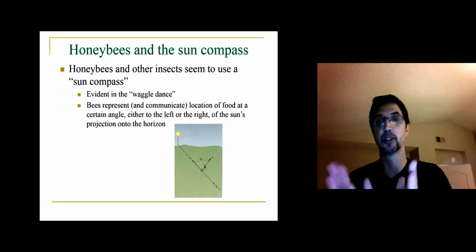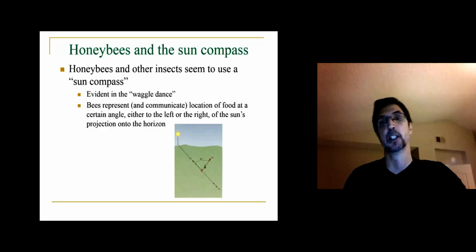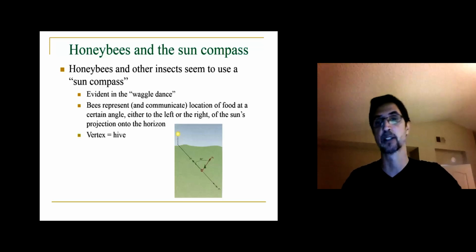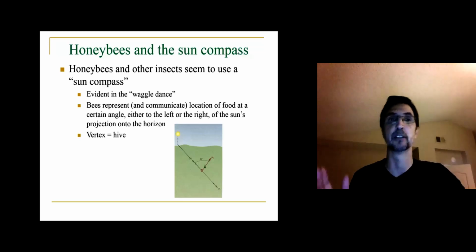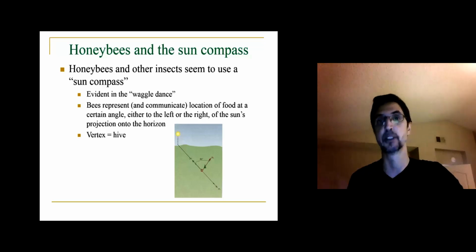So you can draw an angle with the hive as the vertex, and the size of the angle, either to the left or to the right, tells you the direction to the food source. In this case, you know that the food source is 80 degrees to the right of the sun.